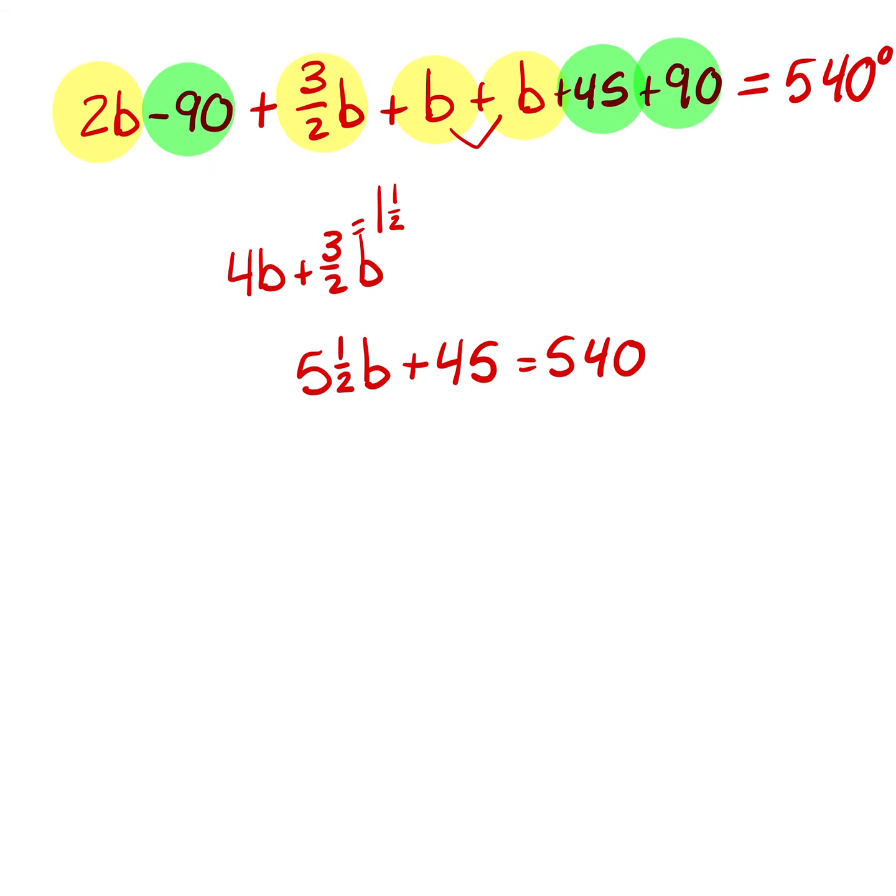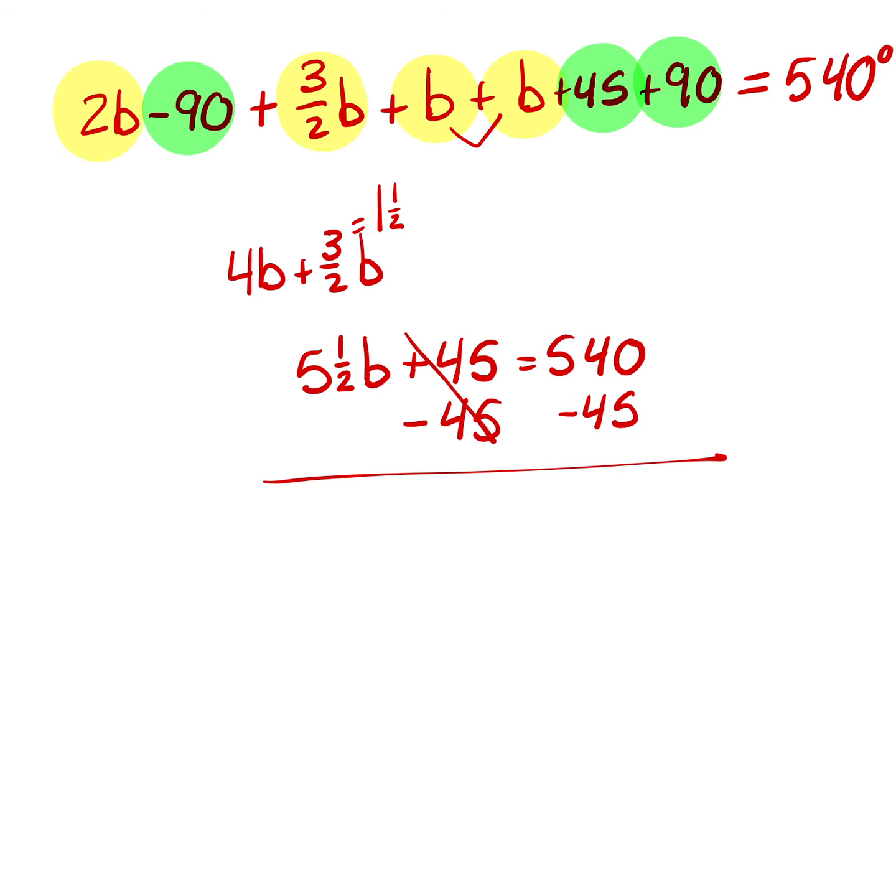This looks so much nicer now, doesn't it? Do the opposite of the order of operations, which means I'm going to subtract 45 first. That gets rid of that. 5.5 b equals 540 minus 45 is 495.